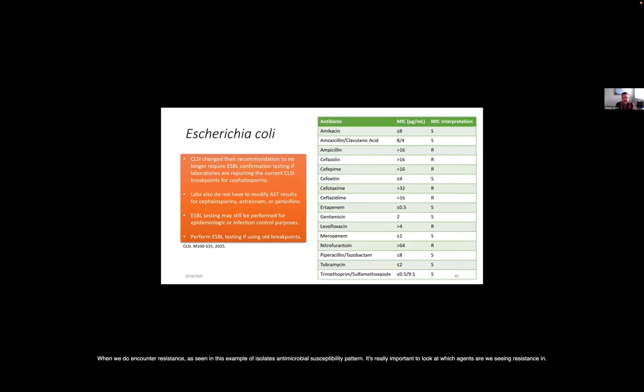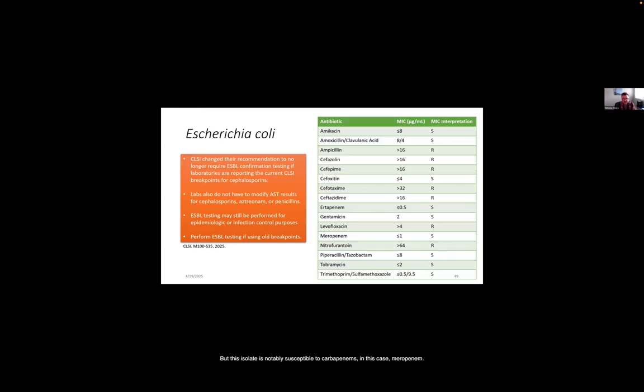When we do encounter resistance, as seen in this example of an isolate antimicrobial susceptibility pattern, it's really important to look at which agents we're seeing resistance in to help identify potential mechanisms. So in this example, we're seeing resistance to some of the narrow-spectrum beta-lactams and first-, second-, and third-generation cephalosporins.